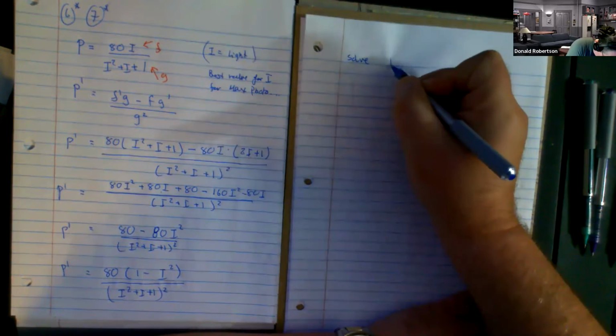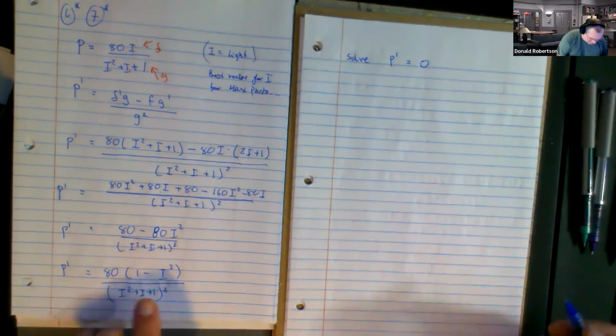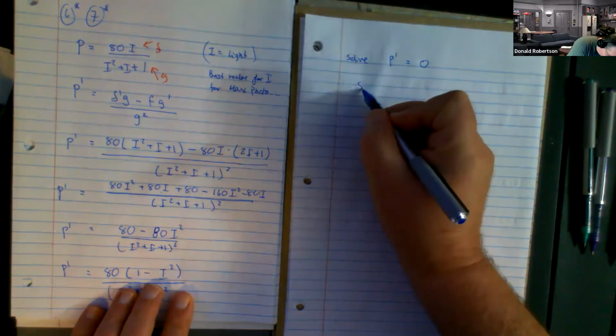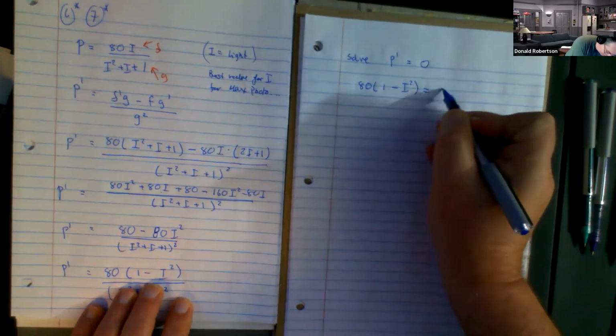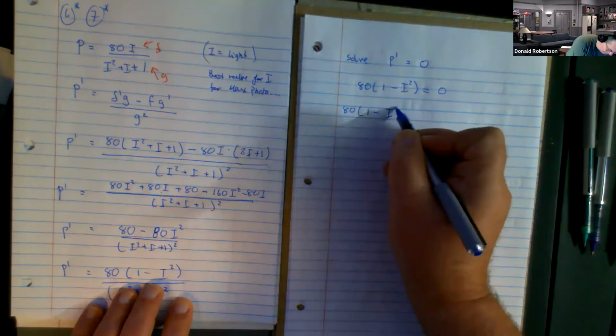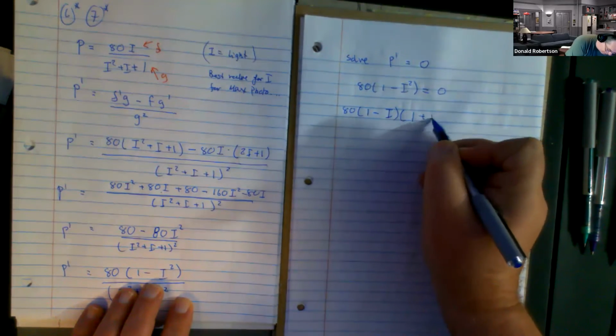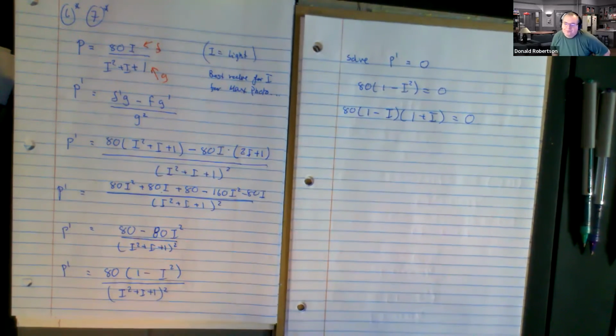We need to solve when is the derivative 0, which basically means when is that guy 0. And I just realized that I didn't do the best that I could do. There we go.